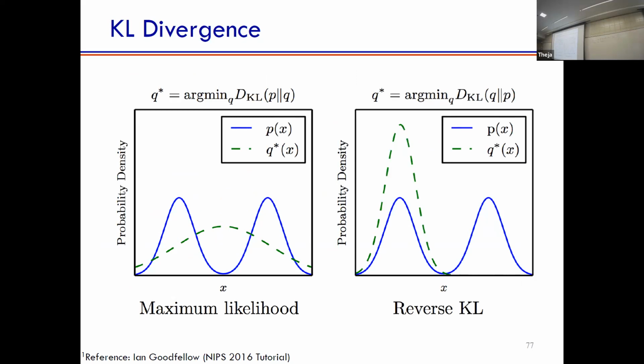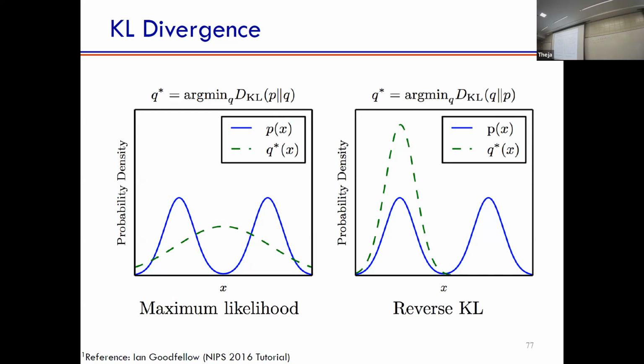Let me set the context properly instead of directly describing the graph. Let's say there's an original distribution P, and I want to approximate it using some other distribution. Let's say I can only fit a Gaussian, some mean and variance, so my approximating family of distributions is Gaussian, irrespective of what the original distribution is.